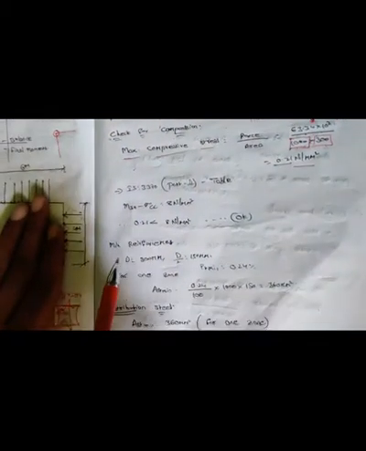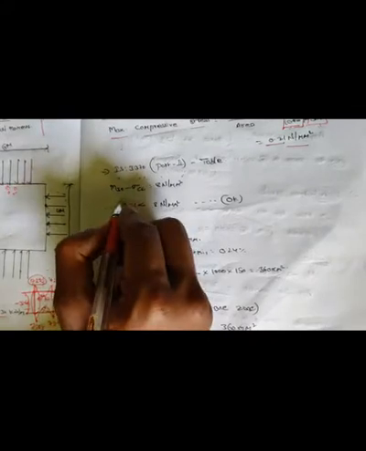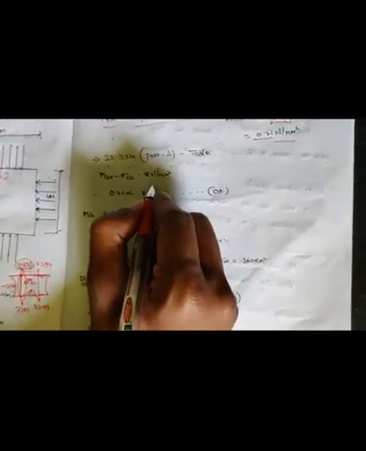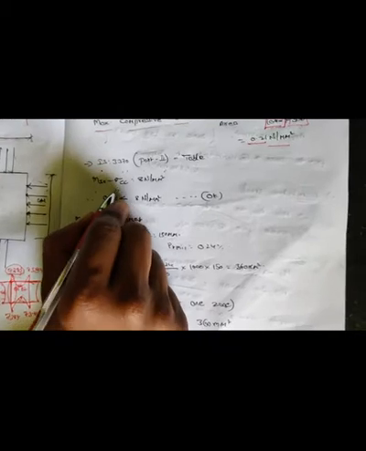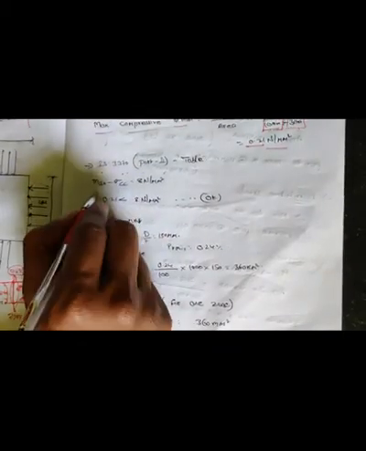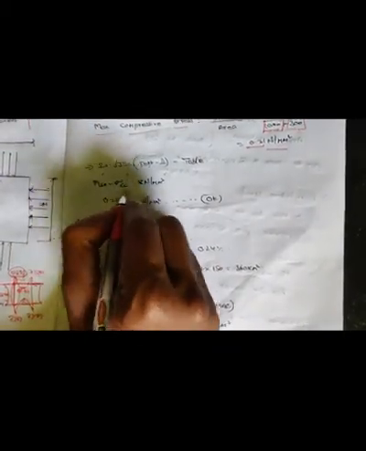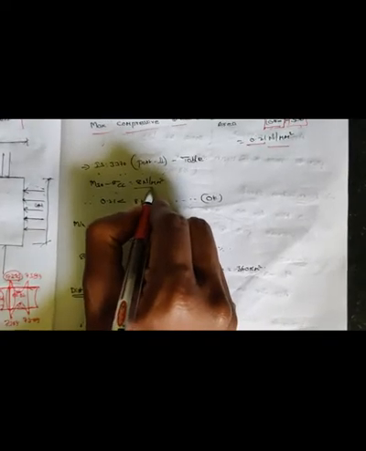Now there is one more value here. Go to IS 3370 part 2. If you go there you will get this value. Okay, here for M30, sigma cc is equal to 8 Newton per mm square, means the compressive stress in concrete. Here for M30 grade of concrete, the sigma cc value is 8 Newton per mm square.